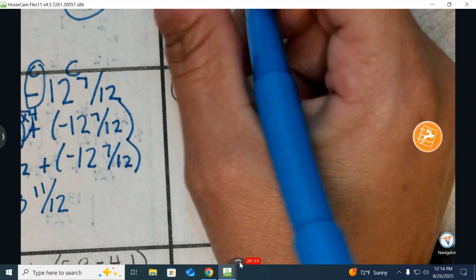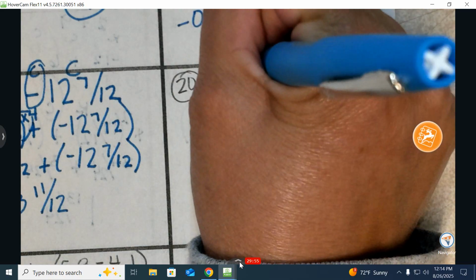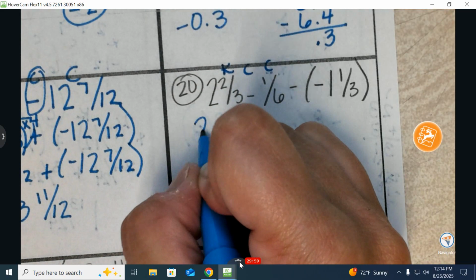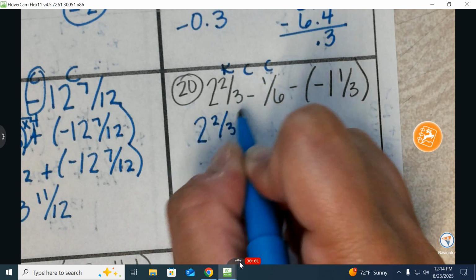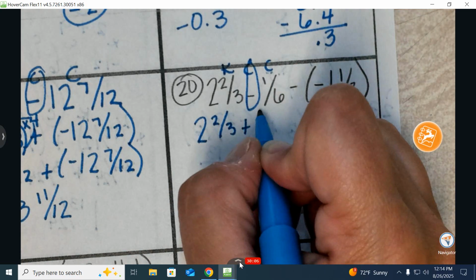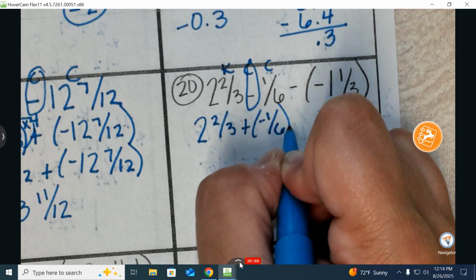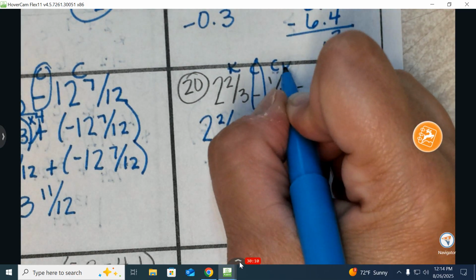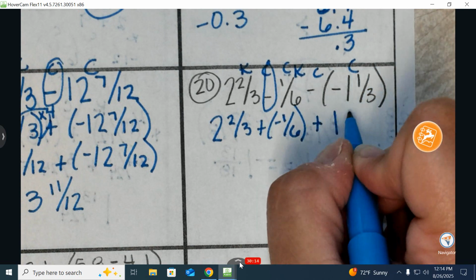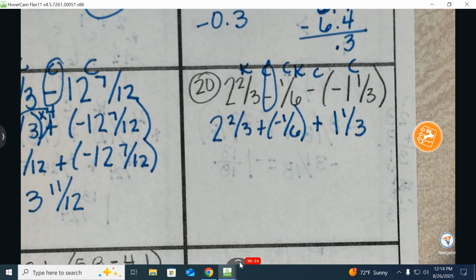Okay, so we need to do keep, change, change twice. So we'll do keep, change, change here. Keep our 2 2/3. Change subtraction to addition and change positive 1/6 to negative 1/6. Now we're going to keep the negative 1/6, change and change. So plus 1 1/3.